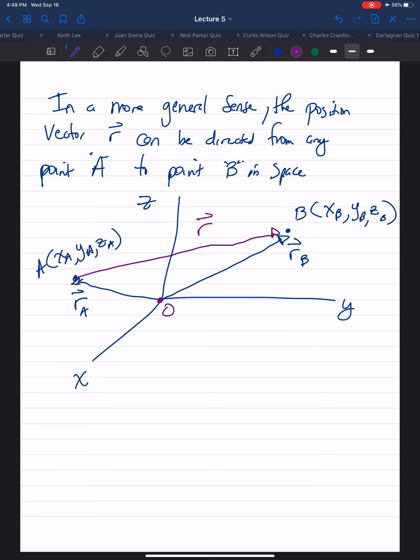If you start from the origin at RA, that's tail to head, and then the tail of R starts at the head at A, then my resultant vector would be from the origin, or the tail of RA, to RB. It's pretty much the triangle rule.